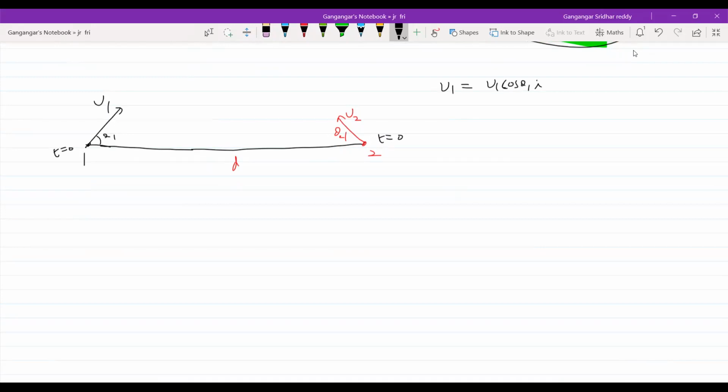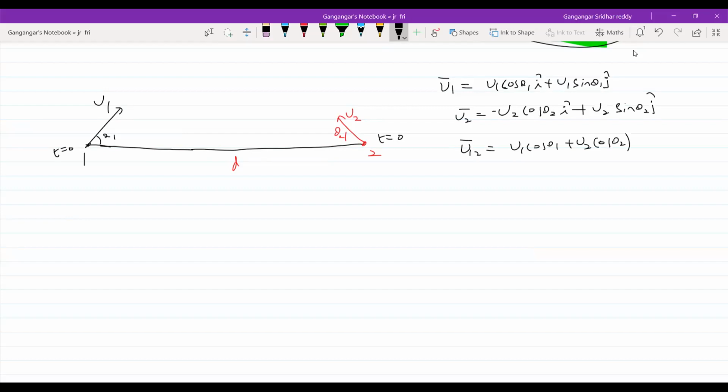u1 cos theta 1 i cap, u1 sin theta 1 j cap, minus u2 cos theta 2 i cap. u12 bar will be u1 cos theta 1 plus u2 cos theta 2 i cap.